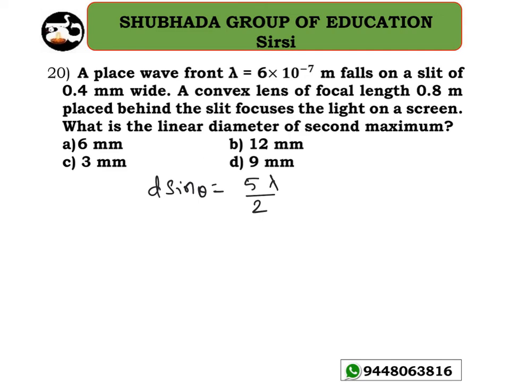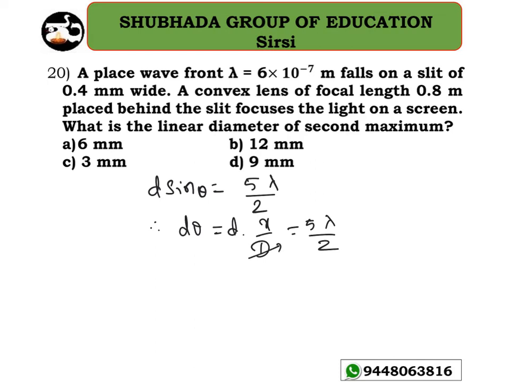So therefore I can say that sine theta is nearly equal to theta, right? So d theta, that is equal to theta only, that is d into x divided by capital D, must be equal to 5 times lambda divided by 2 here.